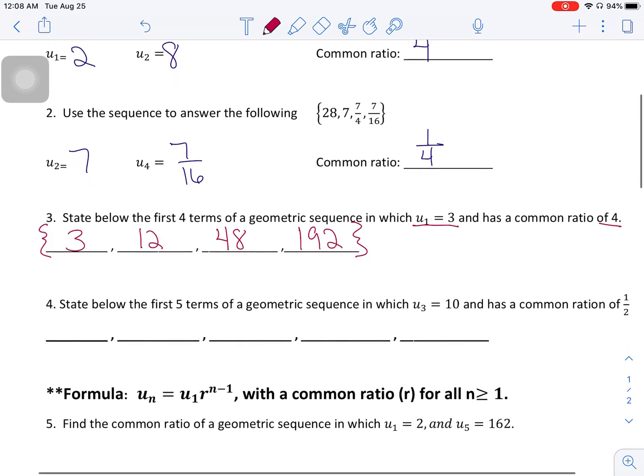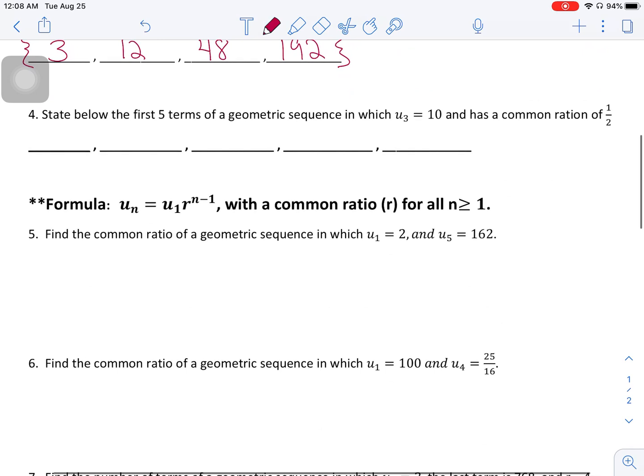All right, number 4. Number 4 states below the first 5 terms, 1, 2, 3, 4, 5. I gave you 5 blank spots, in which U sub 3 is 10. So I'm going to go ahead and mark 10. This is my third position. It has a common ratio, should be ratio, let's fix a little typo there.